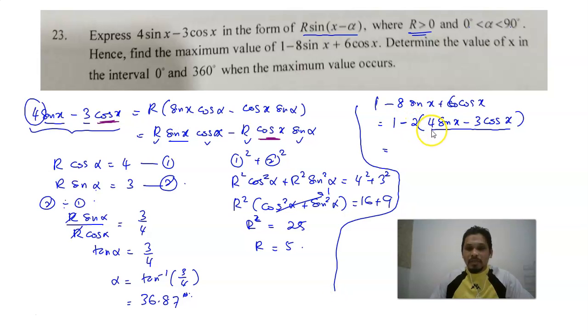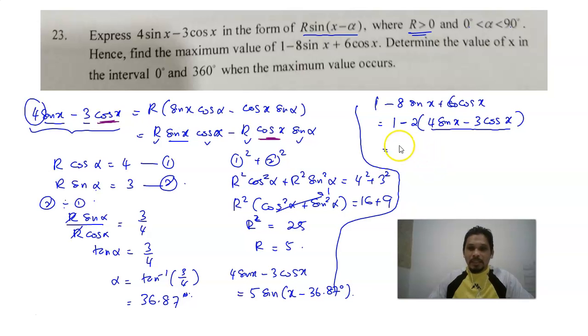Okay, we have elaborated this 4 sine x minus 3 cos x equal to r, which is 5, and sine x minus alpha, sine x minus 36.87 degree.